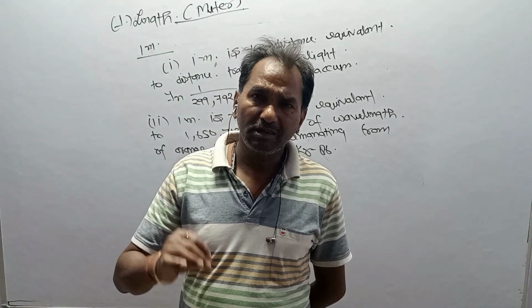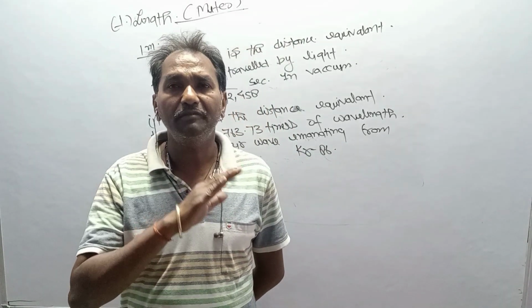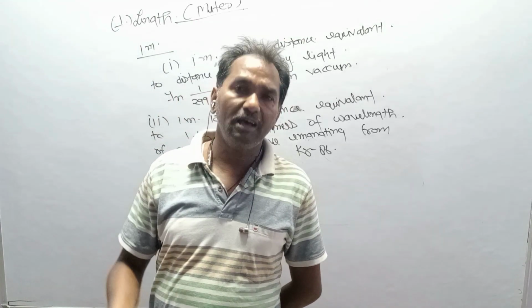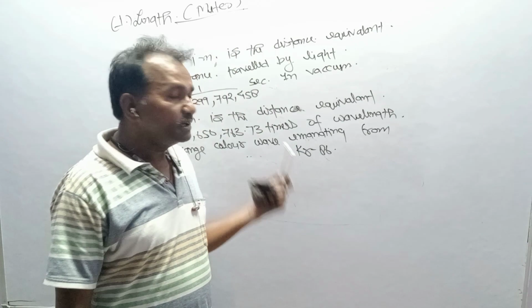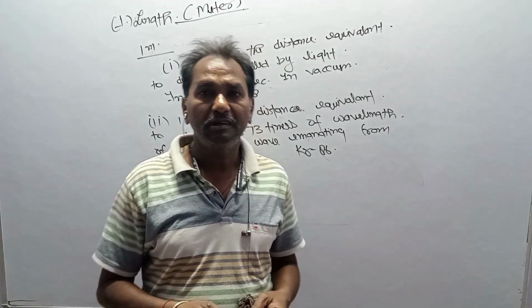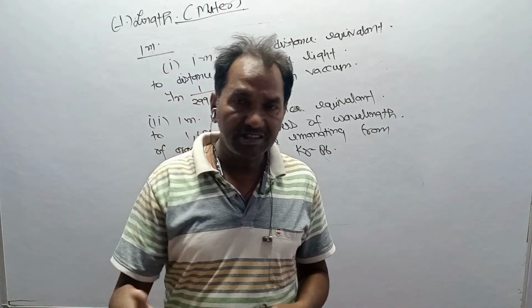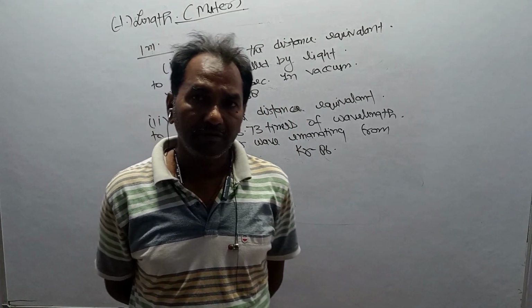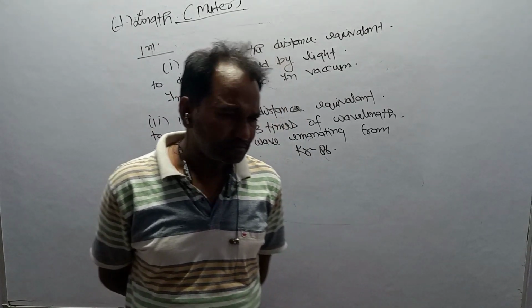There will be negligible change or no change. That is why throughout the year, in every season, it will be the same. That is why we consider platinum iridium alloy for making 1 meter.